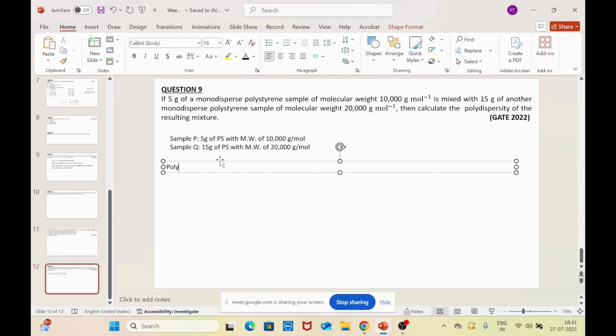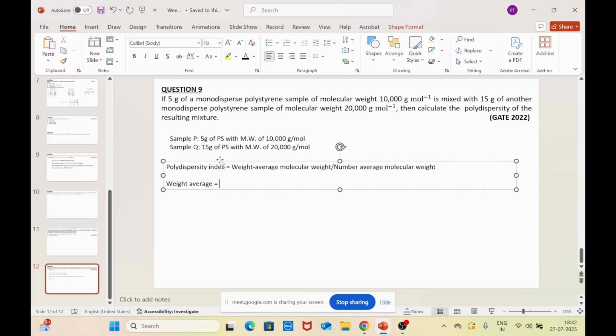Polydispersity index, or you can just write it as dispersity also, is equal to weight average molecular weight divided by the number average molecular weight.